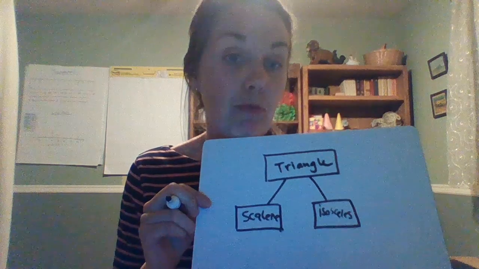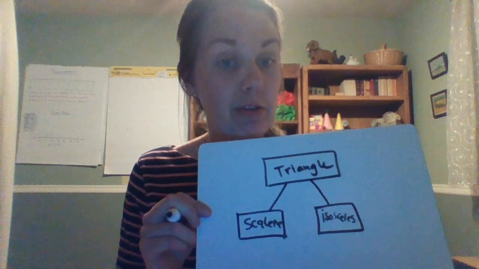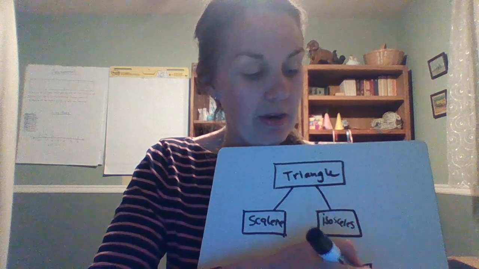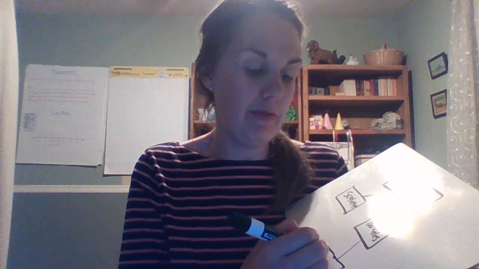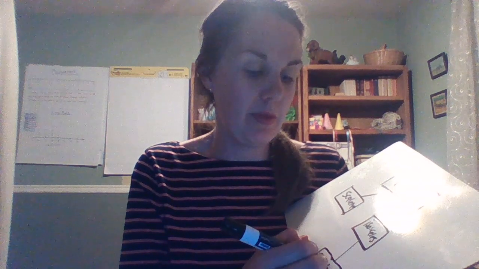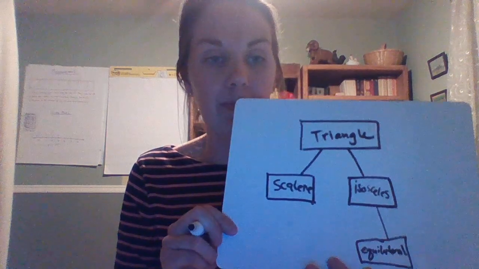From there, we have one more type of triangle, the equilateral triangle, which would fall under that category of isosceles. I'm not even going to try to do that upside down.